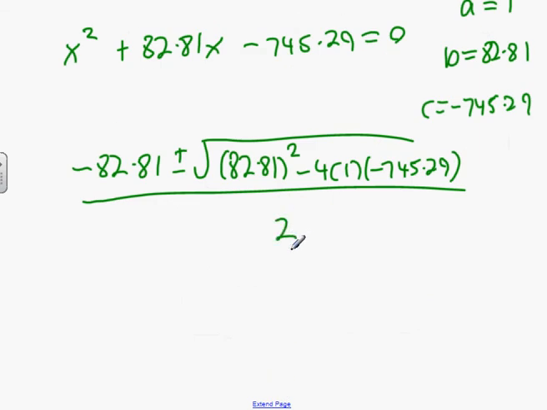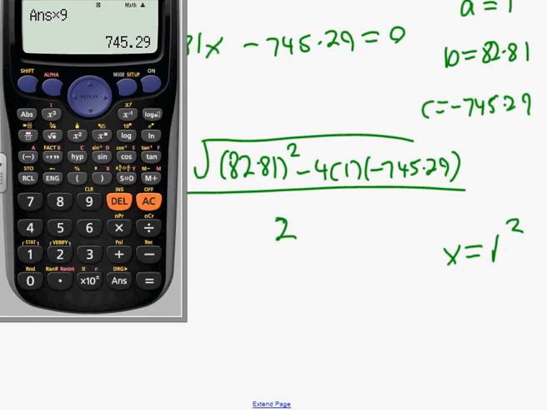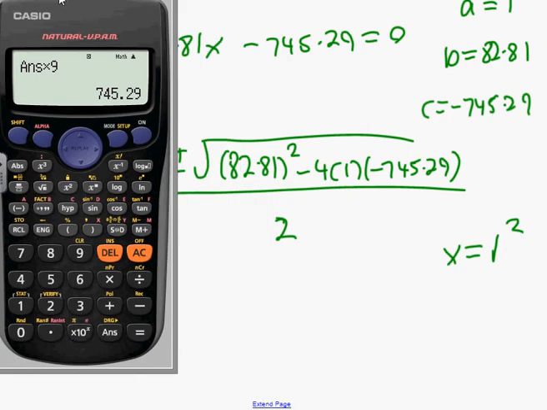Now, the beauty about this question is x equals r squared. r squared has to be a positive number, so we're only concerned about the plus value, not the minus value. Let me know what you get out of that. I'll see if I can redeem myself here.